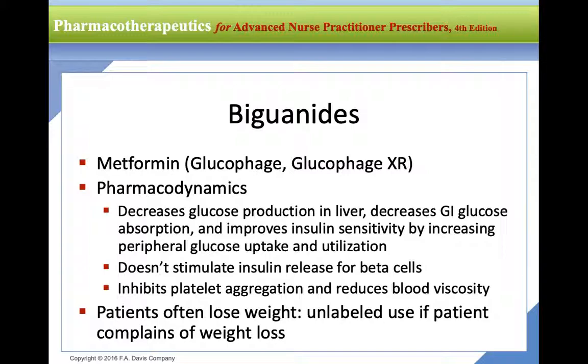It does not stimulate insulin release from beta cells, so it does not cause hypoglycemia by itself. Where you're going to see hypoglycemia is with the use of other medications. It's really the other medication that'll cause the hypoglycemia. So metformin and insulin, which is commonly used, you commonly see all these drugs in combination.